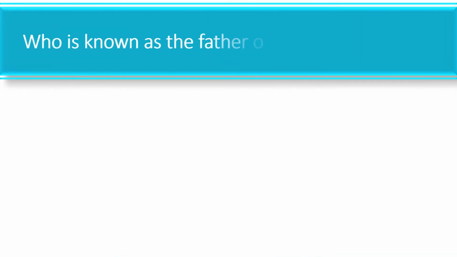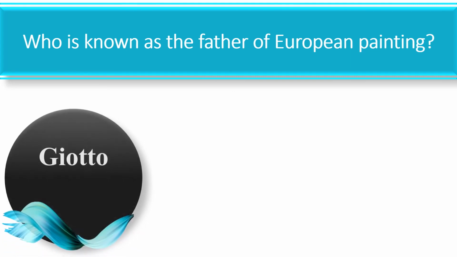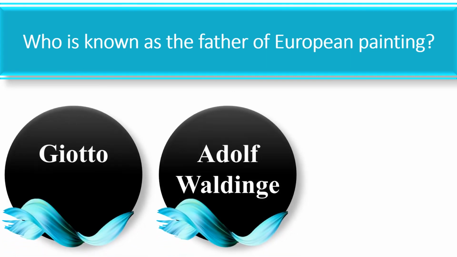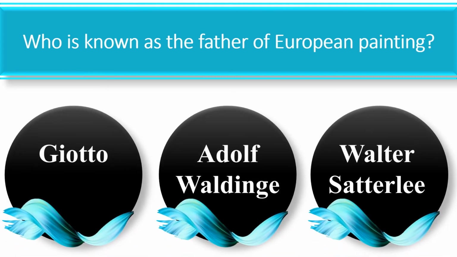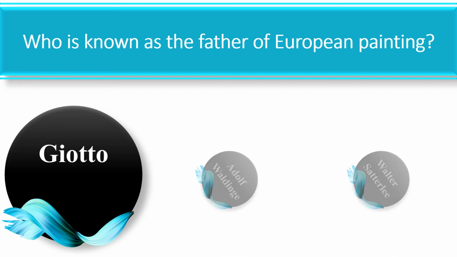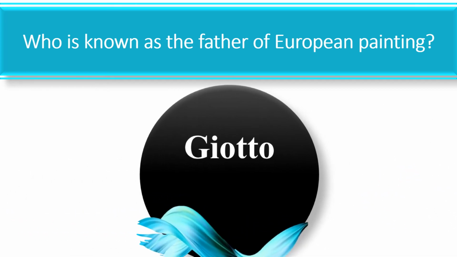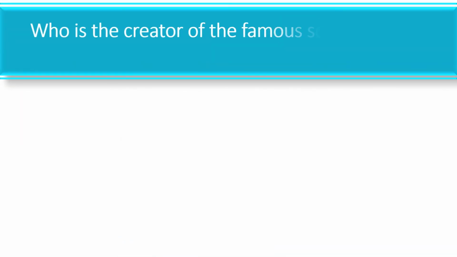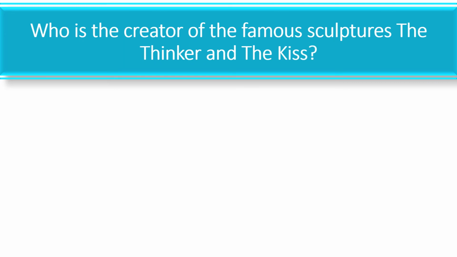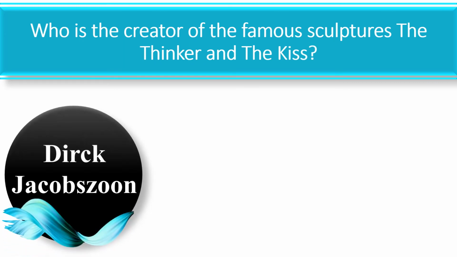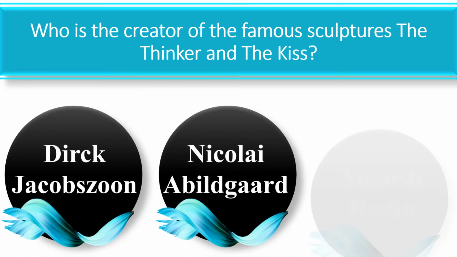Who is known as the father of European painting? Giotto. Adolphe Waldinga. Walter Satterley. Giotto. Who is the creator of the famous sculptures The Thinker and The Kiss? Dirk Jacob Zoon, Nikolai Abildgaard, Auguste Rodin?